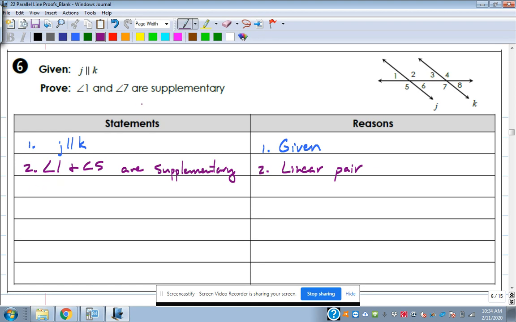Because J and K are already parallel, those corresponding angles are congruent. So angle 5 is congruent to angle 7, through corresponding angles. So that means angle 1 and 7 are supplementary through what?